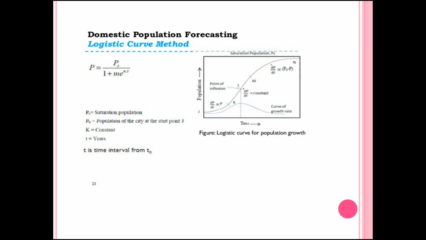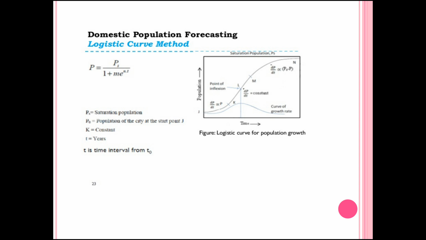Now if three population data at equal intervals are known, then at t0 equal to 0, P is equal to P0. At time t1, P is equal to P1. Then at t2 equal to 2t, P is equal to P2.